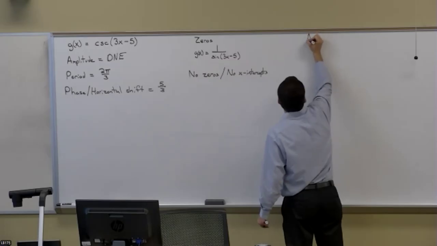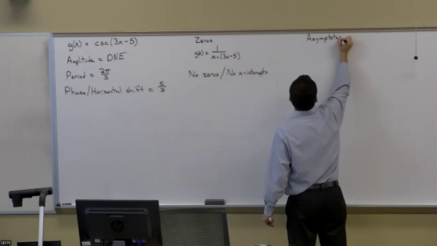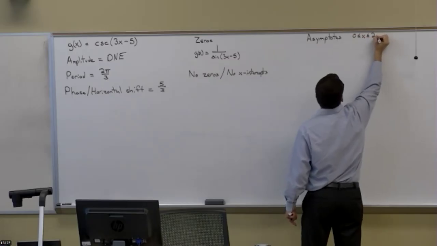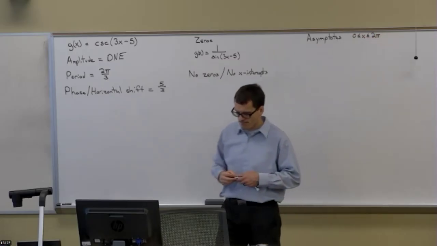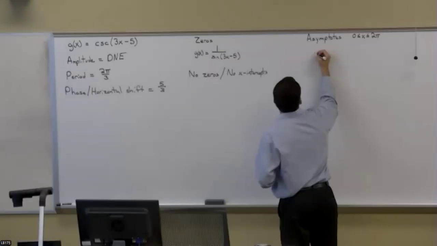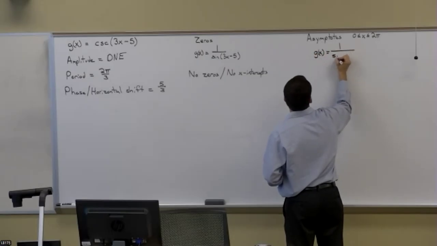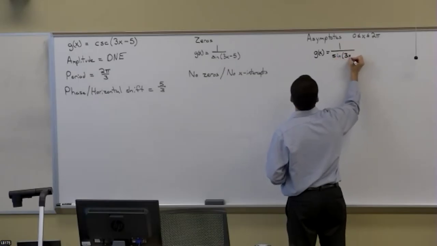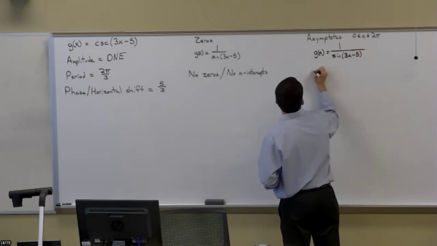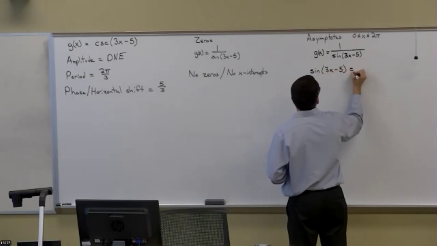Now, if we're looking for asymptotes, again, we'll look for the asymptotes where x is between 0 and 2 pi. Again, I look at this function written as 1 over sine of 3x minus 5. And I know that the asymptotes are going to happen when the denominator is equal to 0.